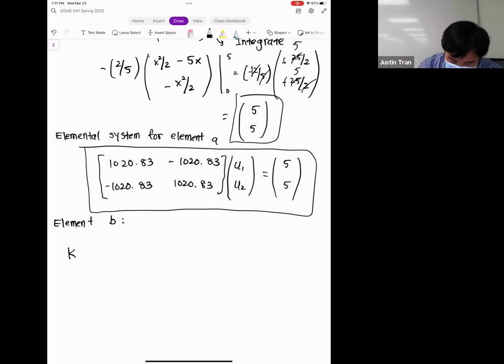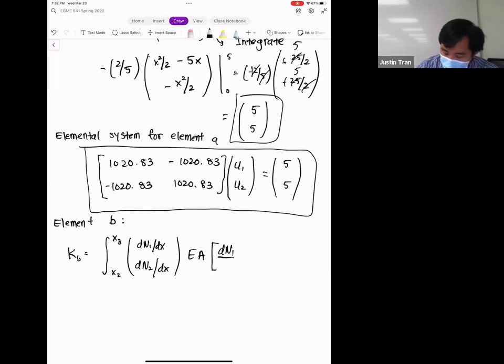So KB is equal to the integral, now integrating from x2 to x3 because that's the domain for element B, of dN1/dx, dN2/dx, times E times A, times dN1/dx, dN2/dx, dx.